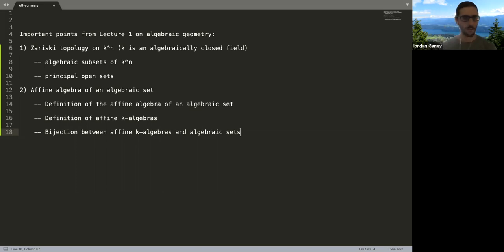So this dictionary, you should think of this as a dictionary. It's very important because we can go back and forth. Usually we start with some sort of geometric problem and translate it into algebra, but sometimes we go the other way. And another important set of topics were affine varieties.